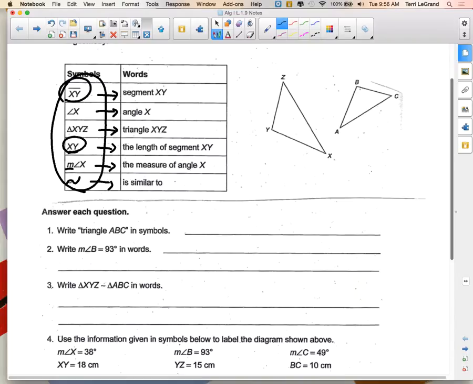Anybody know what makes two figures or three figures or however many there are in the group have the same shape if they're similar? I wrote this on some of your guys' vocabulary assignments. I said, what would make them have the same shape? You should have learned this already. What? Same angle measurements. If they have the same angle measurements, then they have to have the same shape. But they don't have to have the same side lengths.